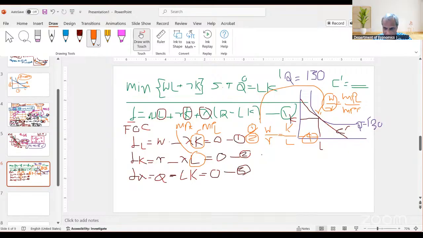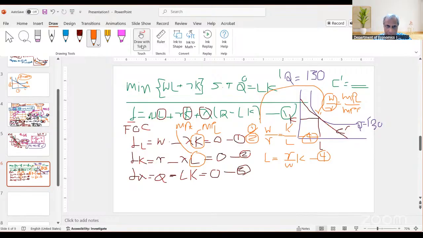So rearranging this equation, you can get L equal R WK. So I still use this equation number 4.